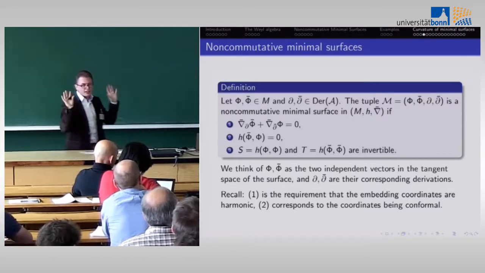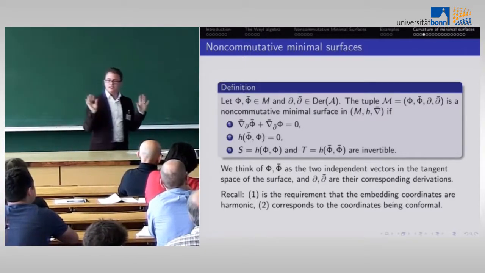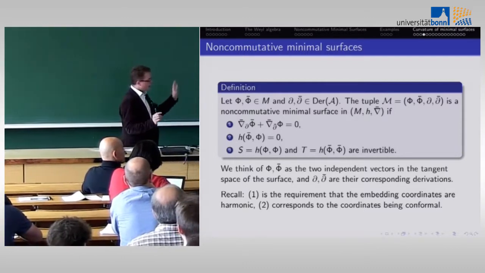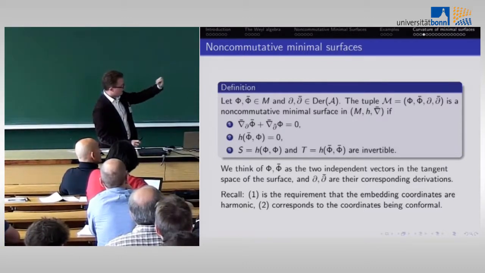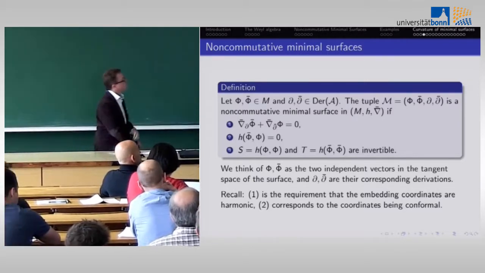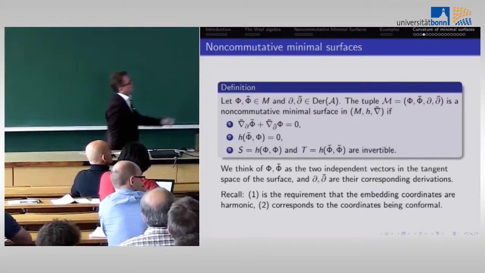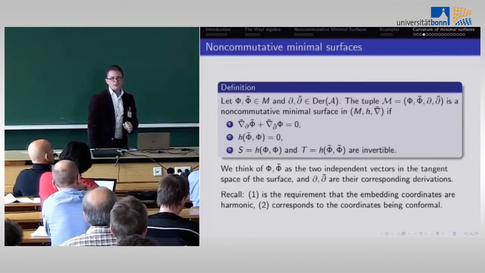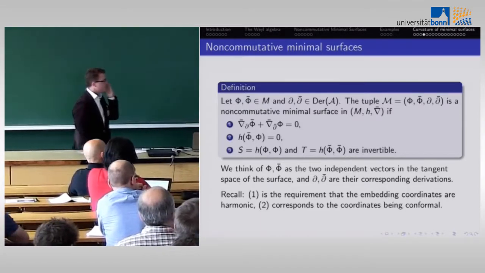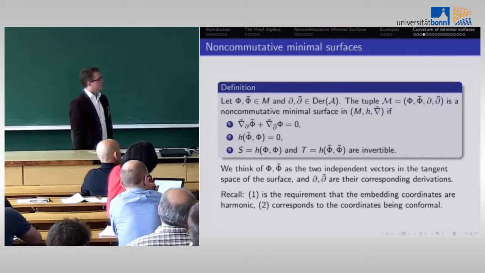So I agree, but we take as much as we need for now, okay? And we need these elements, so phi phi and h of phi bar, to be invertible in the algebra. So these are the other components of the metric, so to speak. So this is the definition.